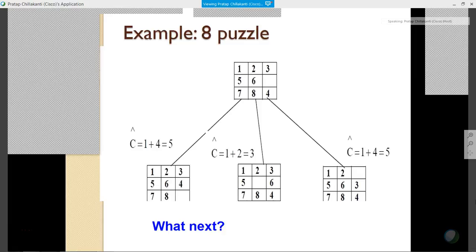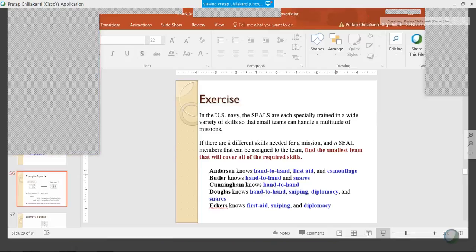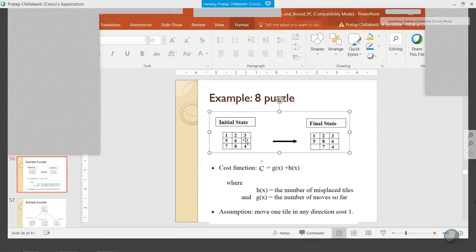So if I move 4 up, if I go back here, let me see. If I move 4 up there and 5, 6 are still there, okay? So imagine, let me do it here. So I moved 4 up here, right? Next to this one. Then how many misplaced tiles I would have?